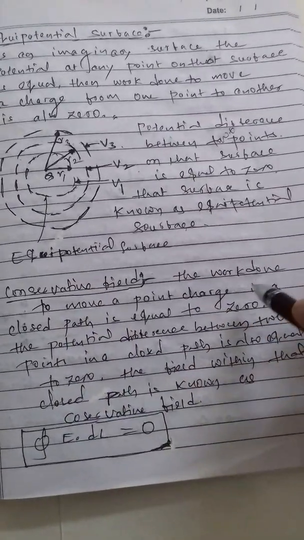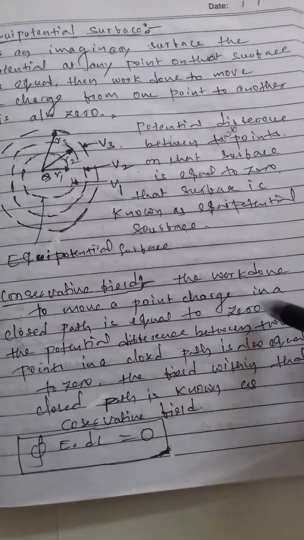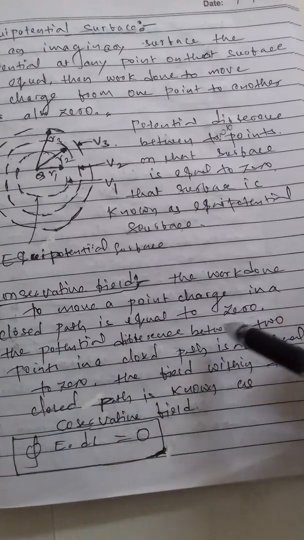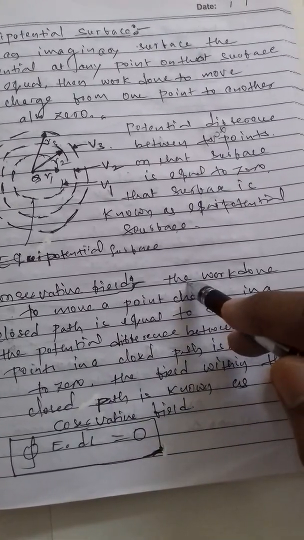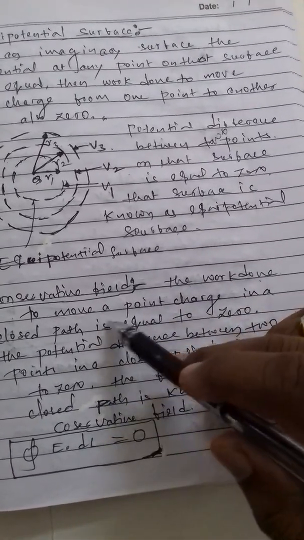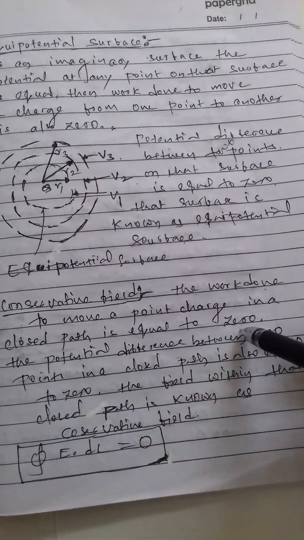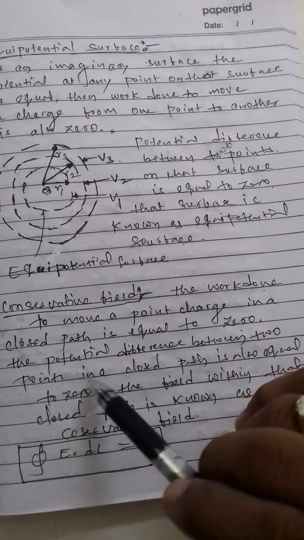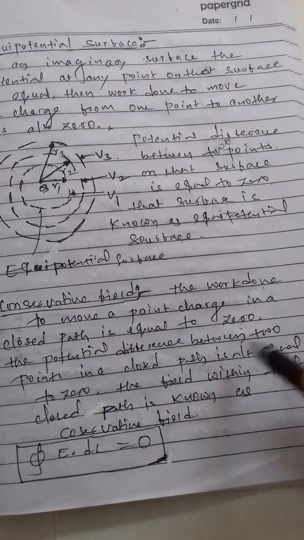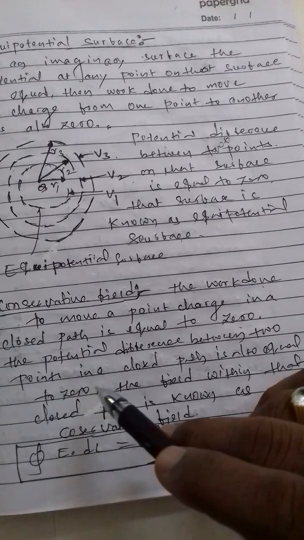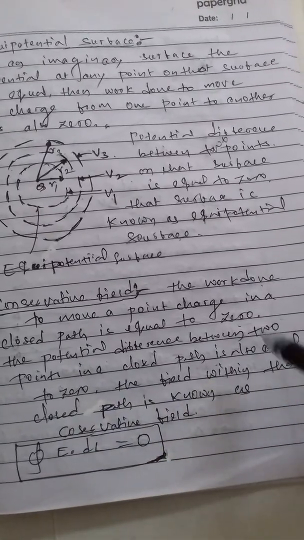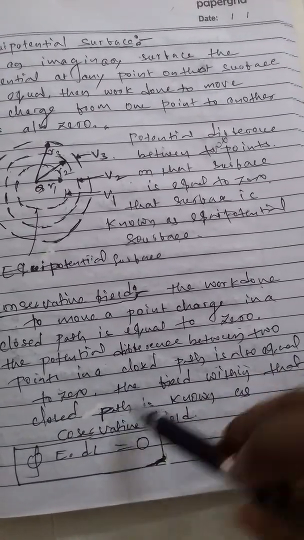Conservative field. The work done to move a point charge in a closed path is equal to 0, because the potential difference between 2 points in a closed path is also equal to 0.